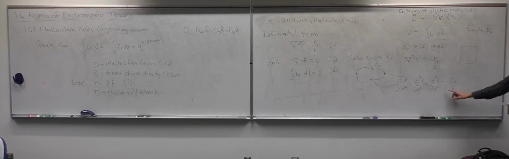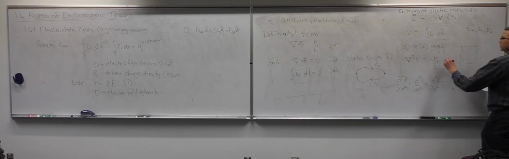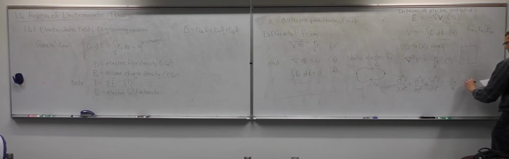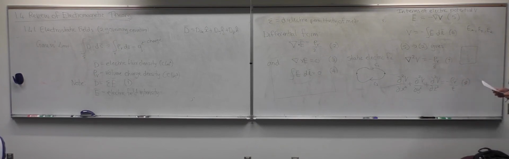So what type of equation is this called based on our classification? You remember? Is it Laplace or Poisson? So that's a Poisson equation. So this is 6, 7, 8. This is Poisson's equation.